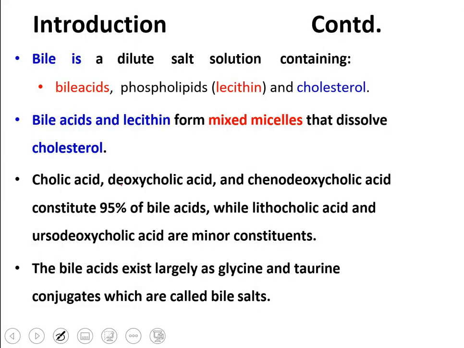As we discussed, bile is a dilute salt solution containing bile acids, phospholipid lecithin, and cholesterol. A very pertinent and important thing is that bile acid and lecithin form mixed micelles that dissolve cholesterol.